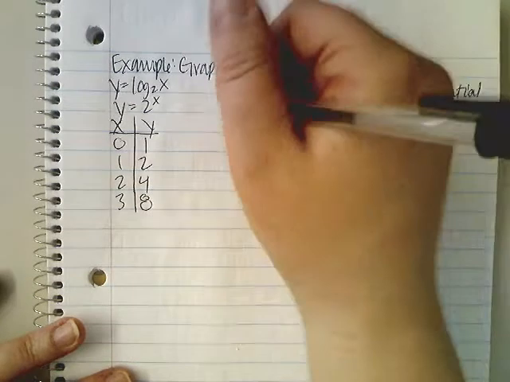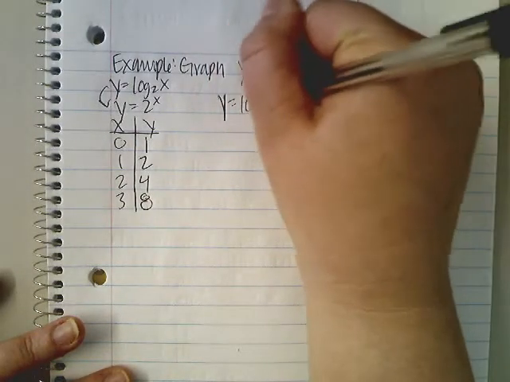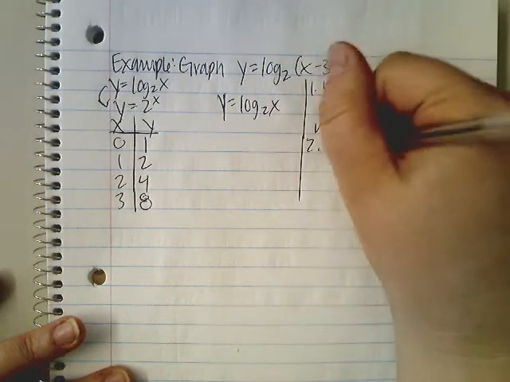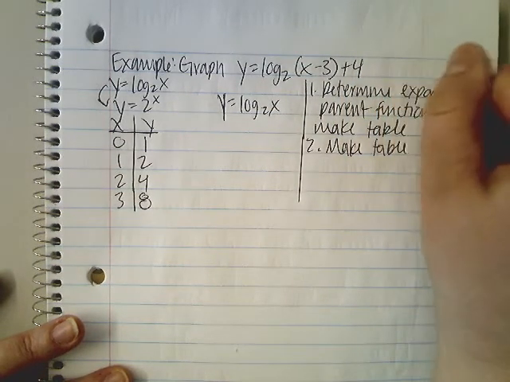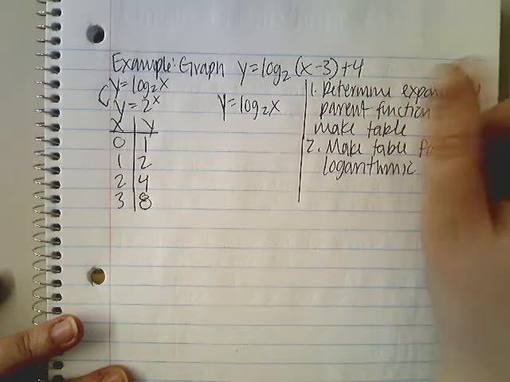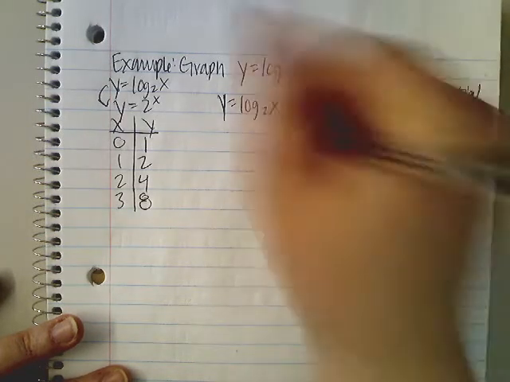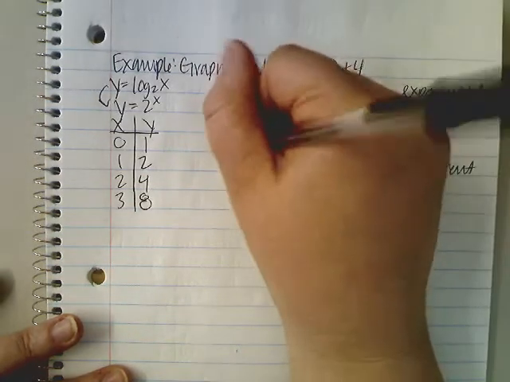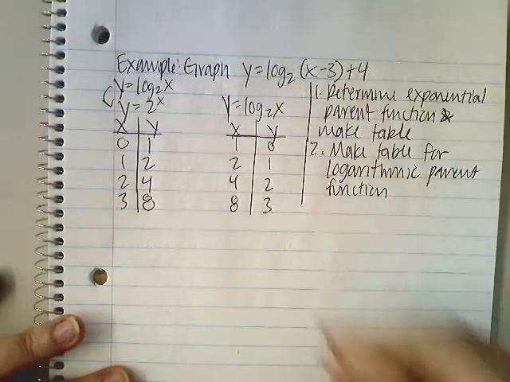So then I'm going to make my table for the actual parent function, the logarithmic parent function, y equals log base 2 of x. To do that, again, all we're doing is switching the x and y's on the table. So this becomes 1, 2, 4, 8, 0, 1, 2, 3.